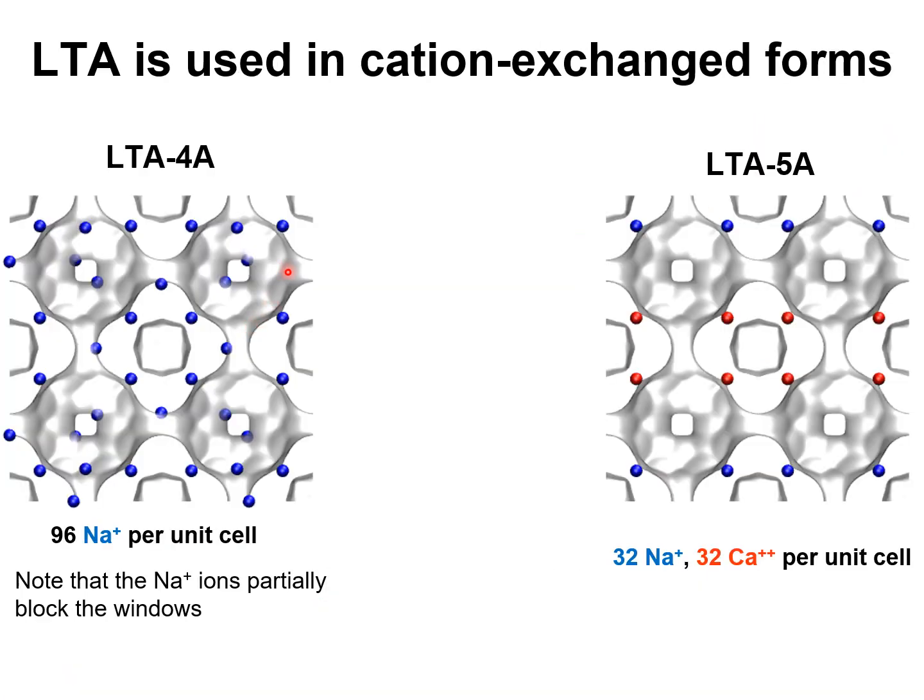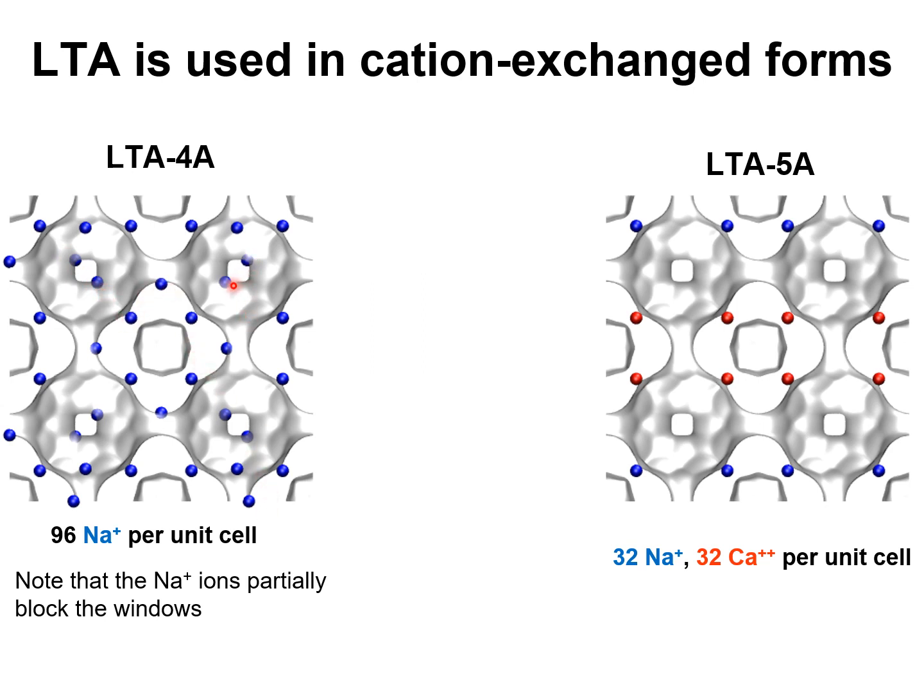In industrial practice, LTA is used in its cation exchange forms. LTA4A zeolite contains 96 sodium cations per unit cell, and the location of these cations is indicated by the blue spheres.